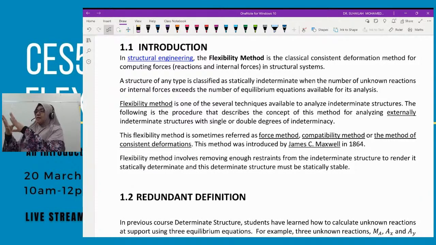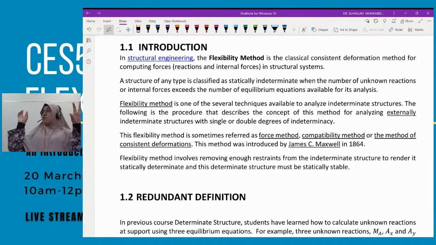Kalau kita ada tadi beam kan, beam yang ada fix dengan roller, so ada 4 kan. So kita nak kira reaction yang keempat ni. Itu flexibility method. Okay, even though ada step displacement dalam flexibility method, bukan itu final objective. Itu part of step. Tapi objektif dia, kita akan gunakan flexibility method untuk calculate reaction as well as internal forces. Internal forces ni kita fokus pada thrust, because axial forces in thrust can be the redundant as well.